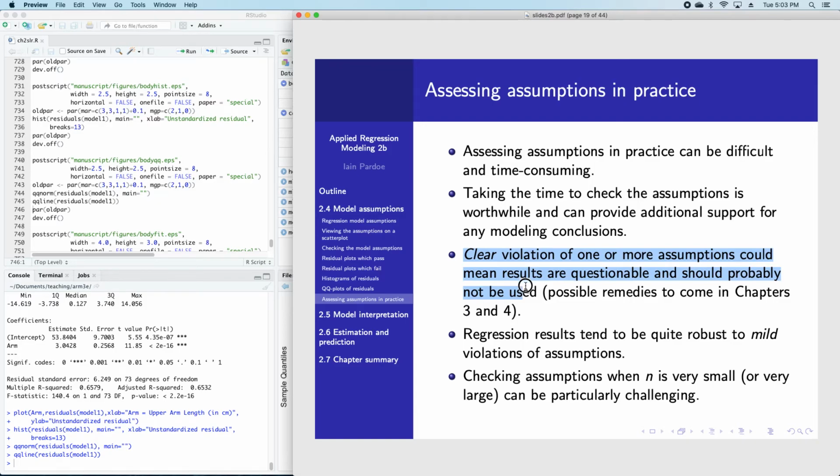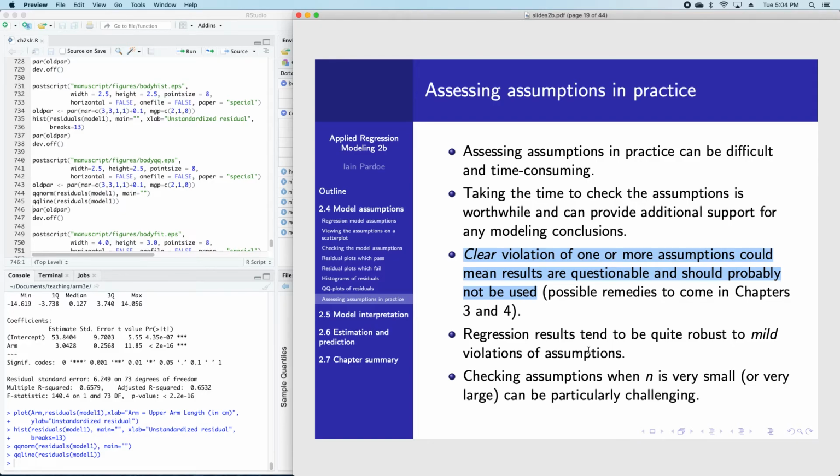The rule of thumb is you only really want to get excited and reject a model because it's violating one of the assumptions if there's a very clear indication that one or more of the assumptions is violated. Don't get too hung up on tiny little things that you might see because more than likely everything is fine and you're just seeing a little bit of a glitch.